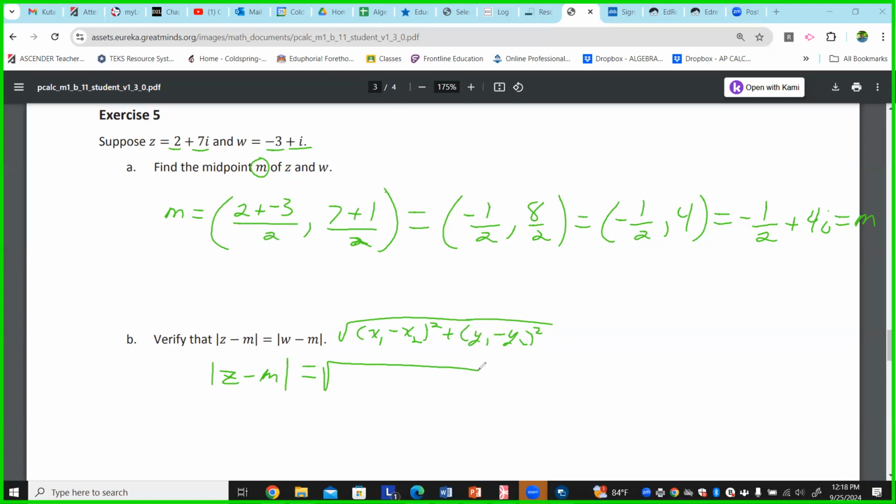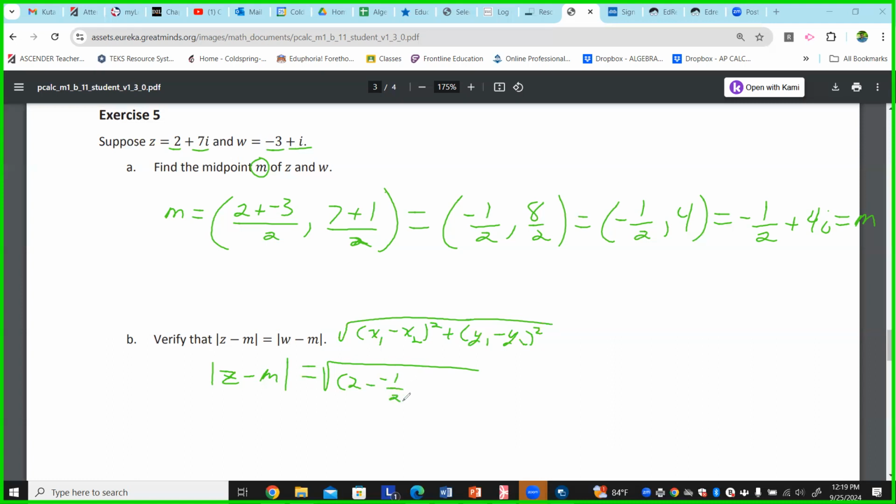And my Z would be 2 minus -3. Again, if you went -3 minus 2, you're not incorrect. We're both going to get to the same conclusion. Then I'm going to find the distance of my imaginary. Oh, my bad. Not 2 minus 3 because we're looking at M. It'd be 2 minus our -1/2 here.